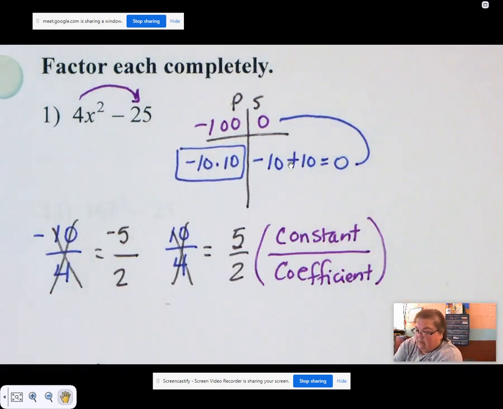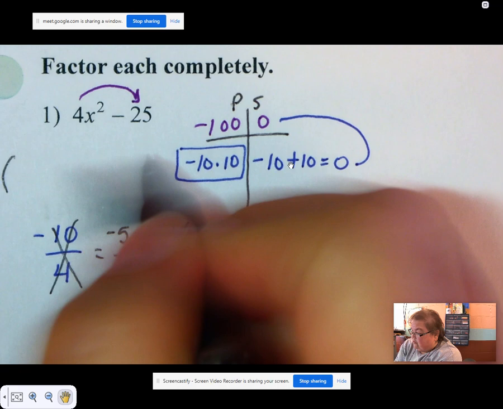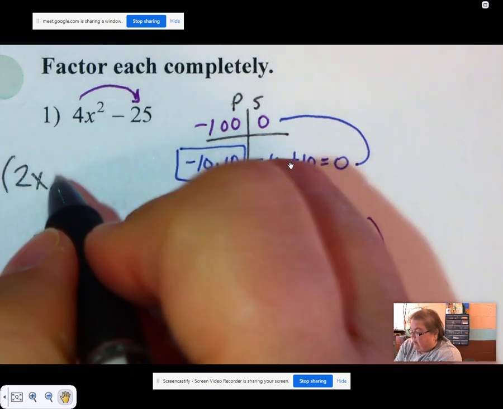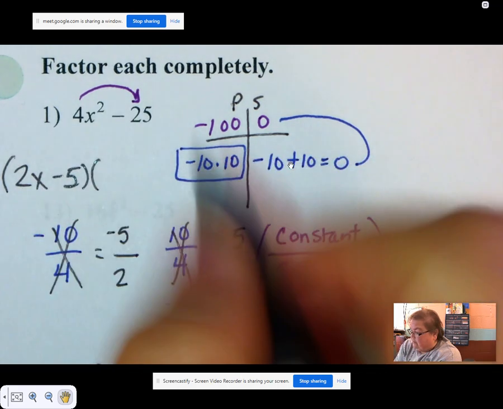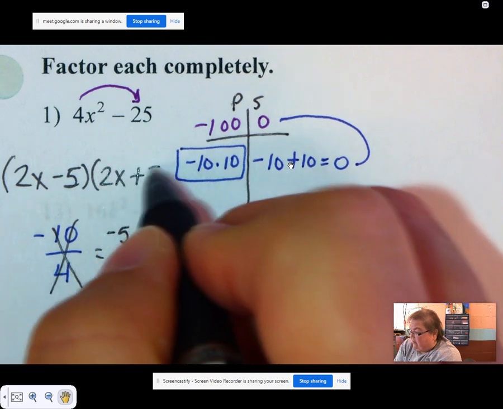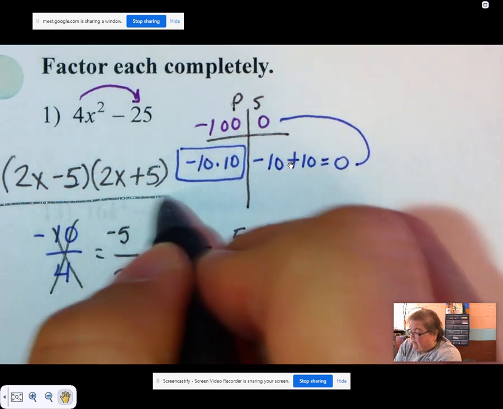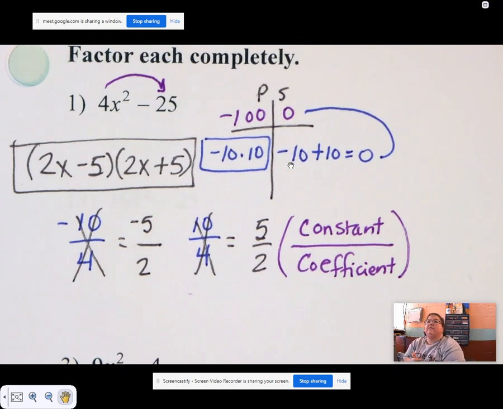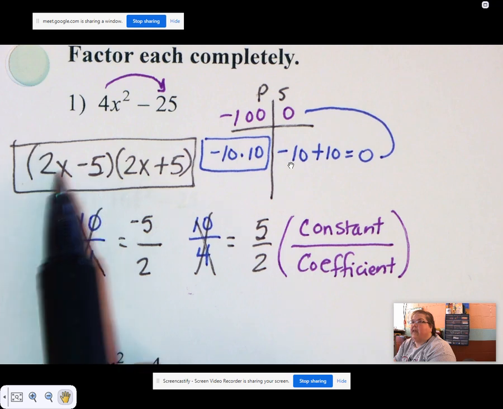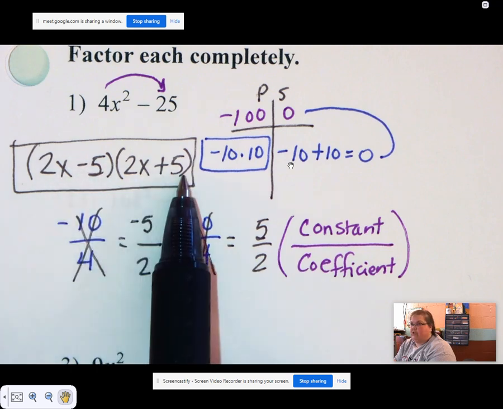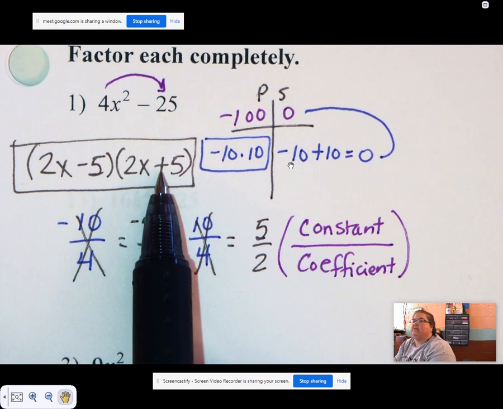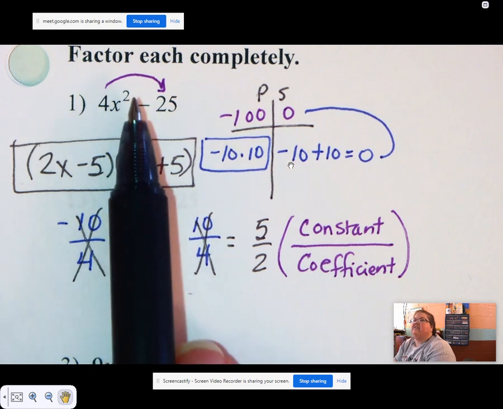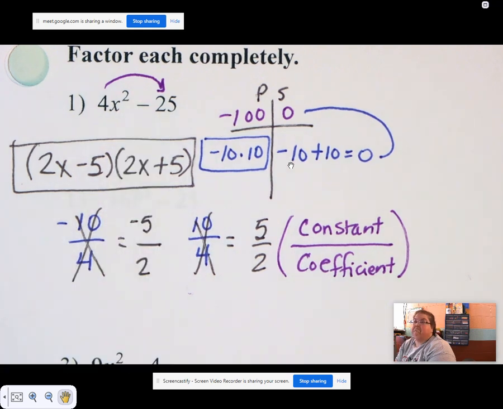So, 2x minus 5 times 2x plus 5. There it is. Same terms, same position, opposite signs means I get 0 for my b.